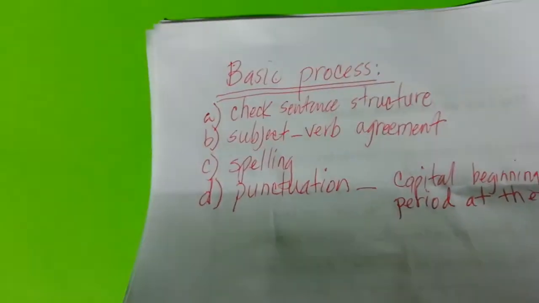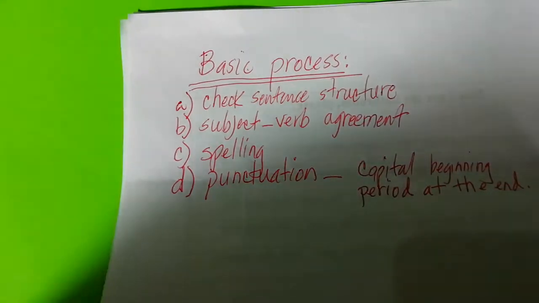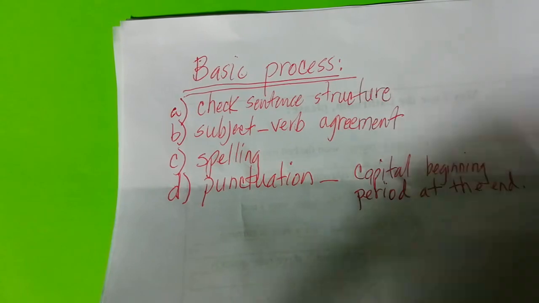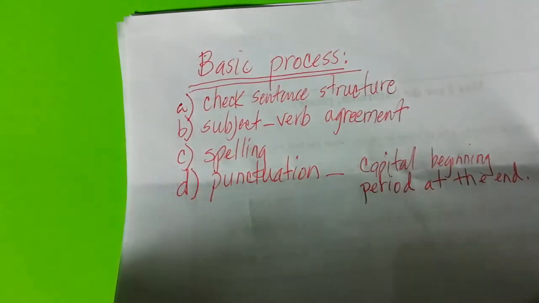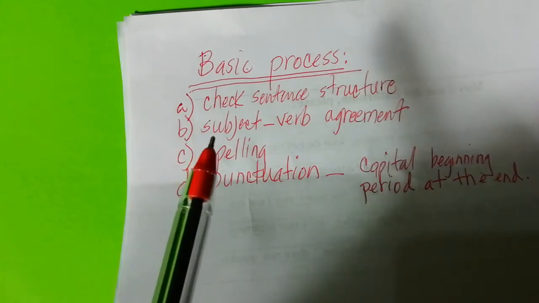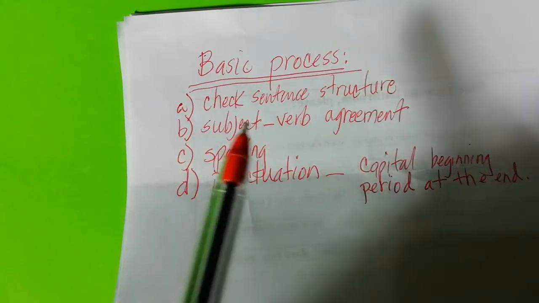Every time you make corrections in the paragraphs, I would suggest that you go through this basic process: checking that the sentences have a structure, subject, verb, and an object. Checking that the subject and the verb agree correctly.